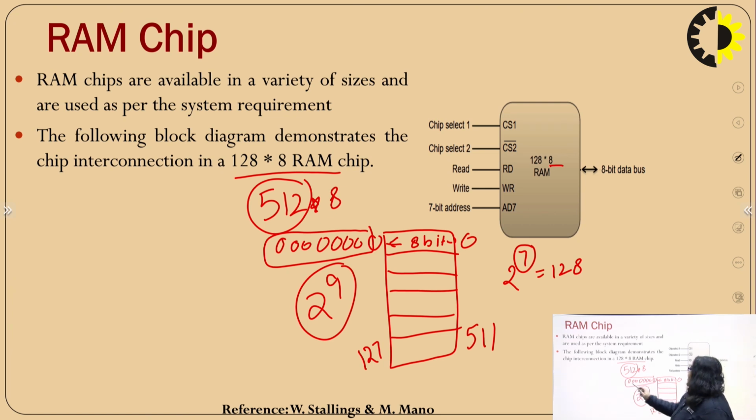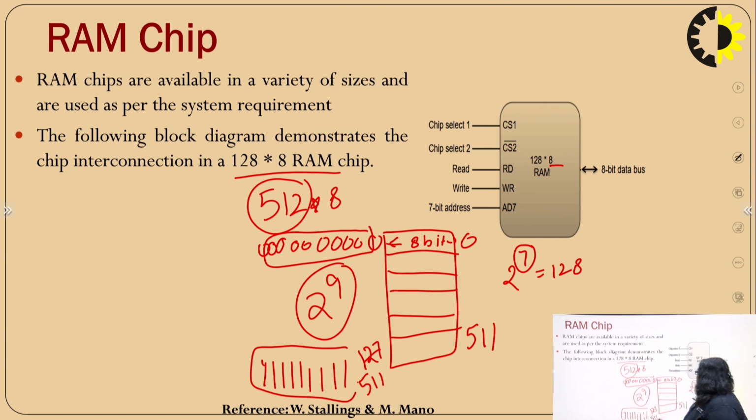So the first address is nine 0s and the last address, 511, is nine 1s. That shows the address bits. So this is the address recognition of the RAM size.